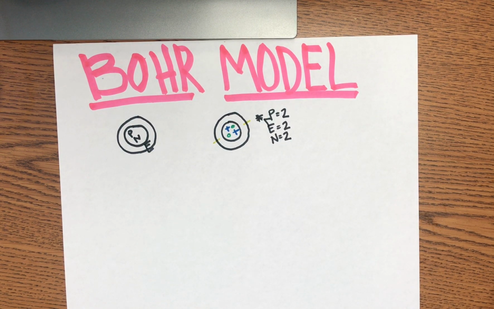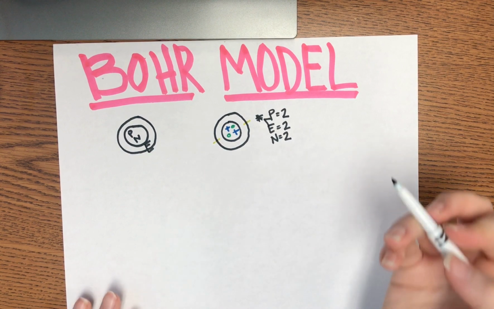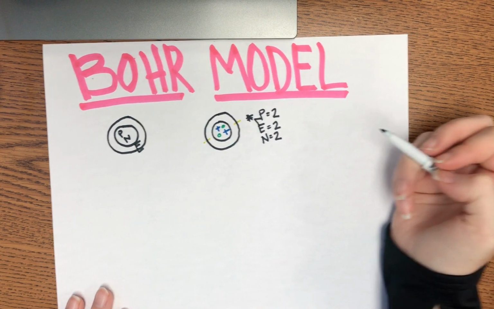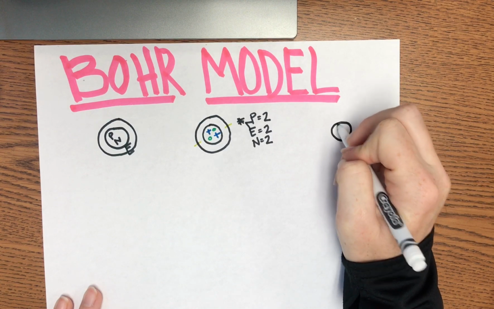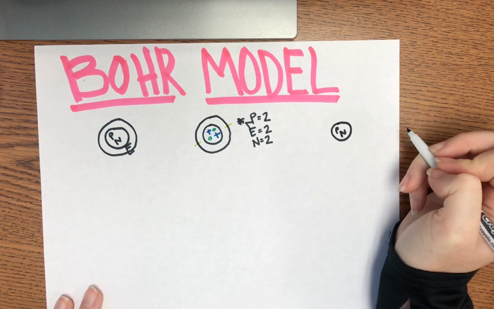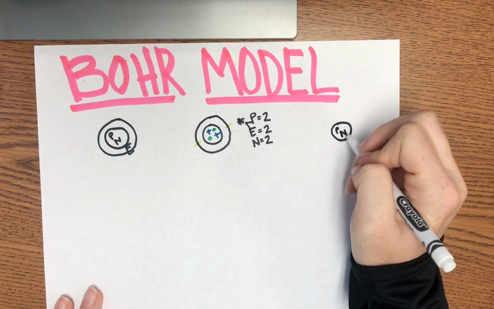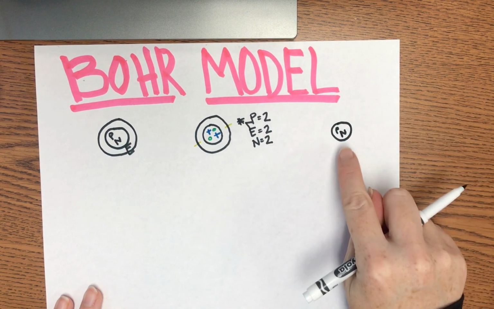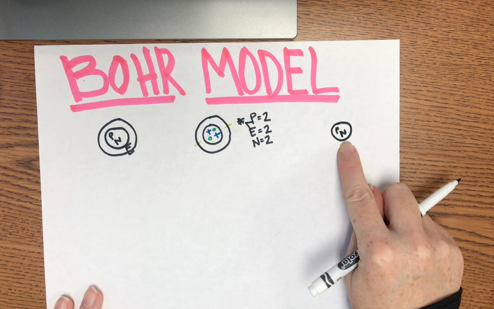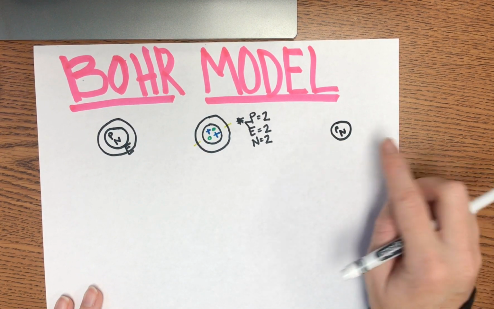Now, the Bohr model can get a little more complicated than that, so I want to go ahead and show you the rules of our Bohr models. Again, inside our nucleus, we have our protons and our neutrons. If we have 10 protons and 10 neutrons, we'd fit all of those inside of our nucleus. So it's important to draw your nucleus large enough that you can fit all of your subatomic particles.